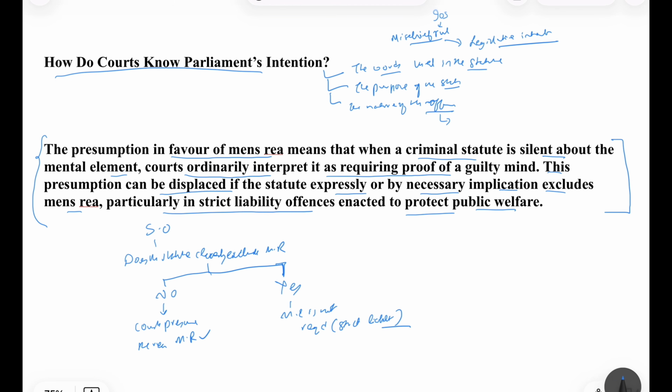But if the law punishes you without requiring a guilty mind, you could become a criminal just based upon the actus reus, though you assumed it was your suitcase and did that act honestly. So that is why courts generally presume that mens rea is required unless Parliament has clearly denied otherwise.